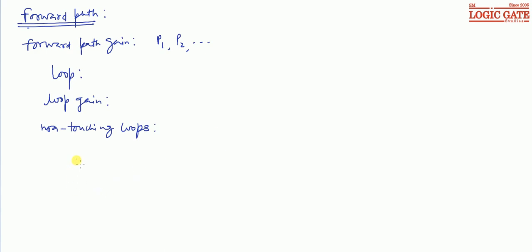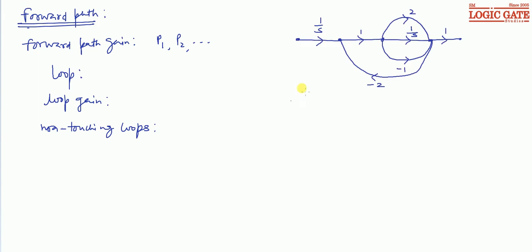So now let's see a few examples in which we will find out the number of forward paths and loops and non-touching pair of loops. In the signal flow graph, we will find out the number of forward paths and the loops. So path from input node to output node is forward path without repetition of any node in between.